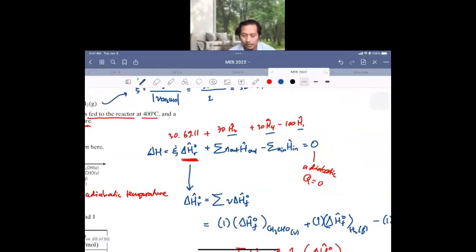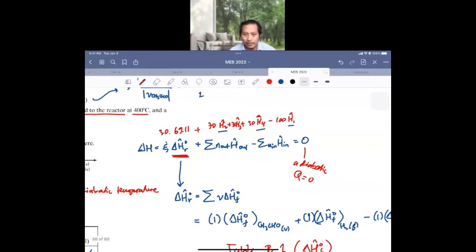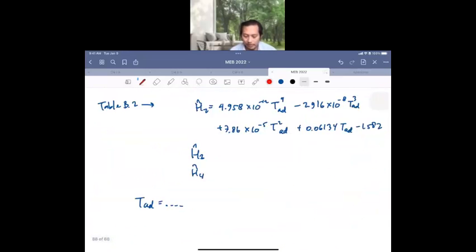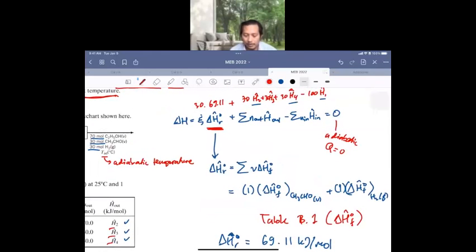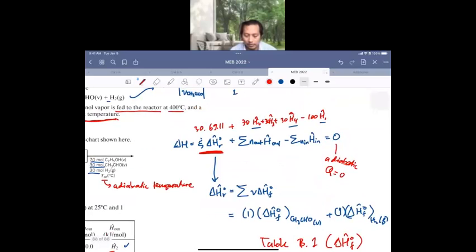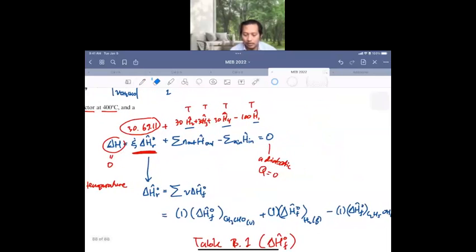Oh, I forgot the H3, it's supposed to be here. So H2, H3, H4, and H1 all have the T adiabatic, from the adiabatic equation. Since this part is going to be some number and the delta H is equal to 0, we can solve for T, and this T is our solution.